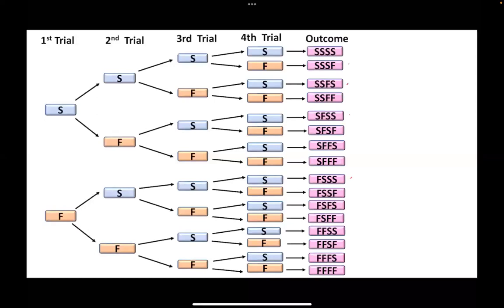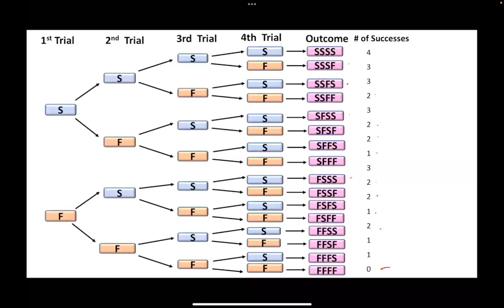These are all the different ways I could have successes and failures. So to have 2 successes, there's 1, 2, 3, 4, 5, 6 different ways. 1 success, 1, 2, 3, 4 different ways. 1 way to have 0 successes. So these are the possible outcomes I can have.